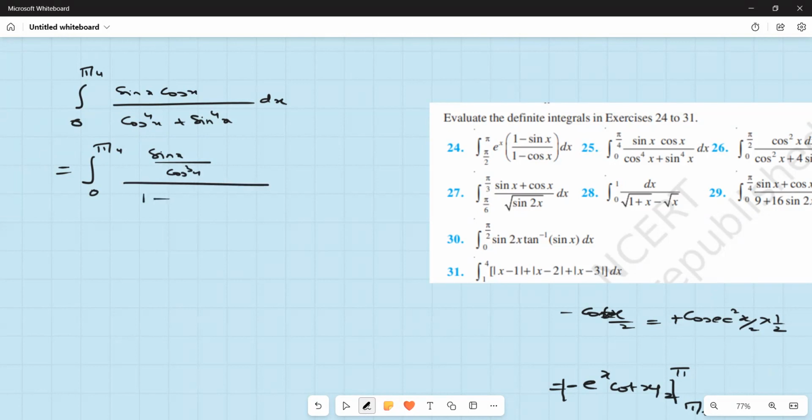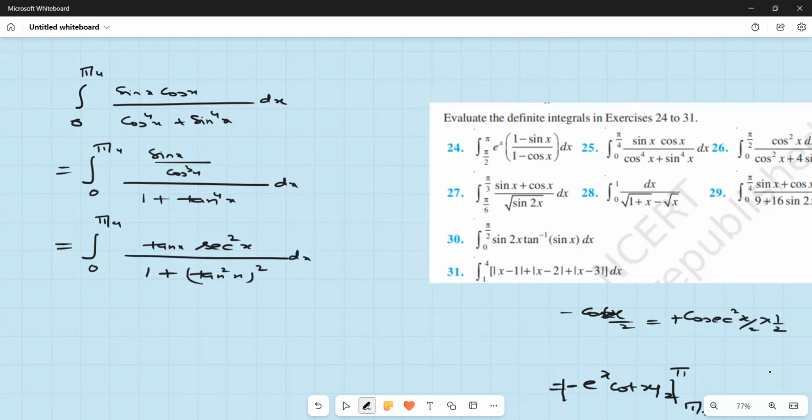This is 1 plus tan^4 x dx. So that is equal to the integral from 0 to pi by 4 of tan x sec square x, in the denominator (1 plus tan square x) whole square, right?